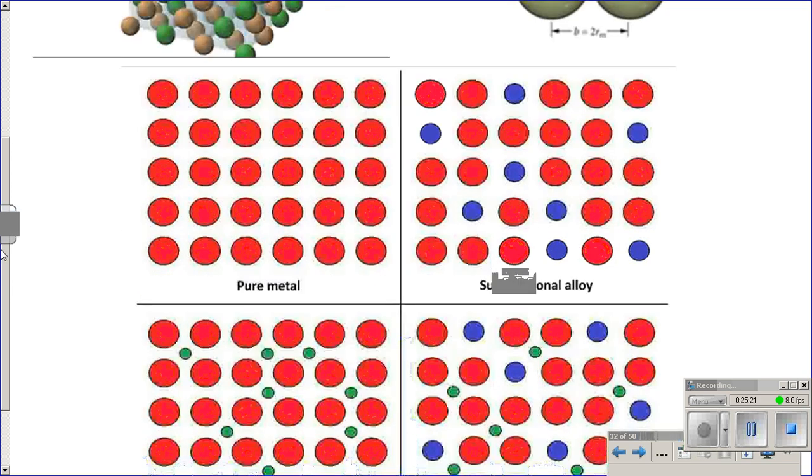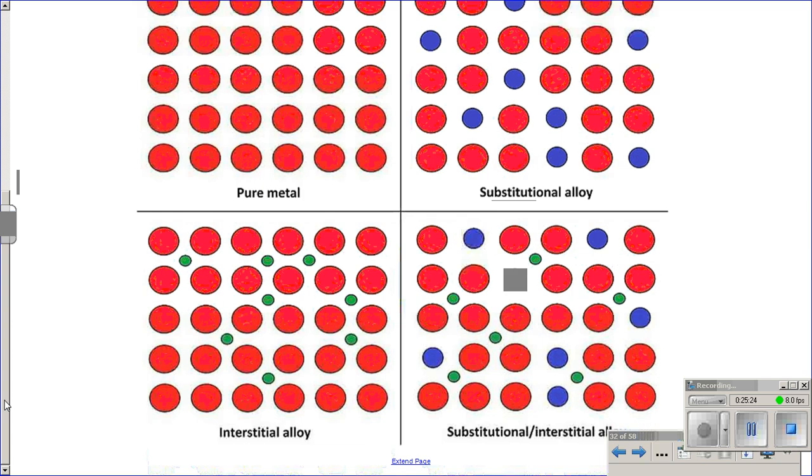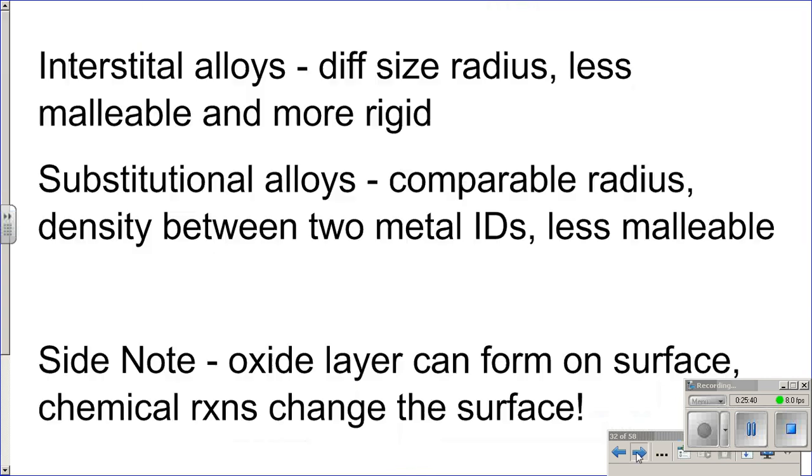It's minimal. So that's a substitutional one versus this one where the original metal is still there, but you've got interstices. You've got some space taken up there. And this is a blend of both. So looking at the pictures, looking at the properties, they want you to be able to compare it to the pure metal. Okay, well, that's good for alloys for now.